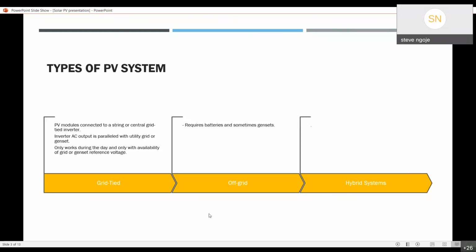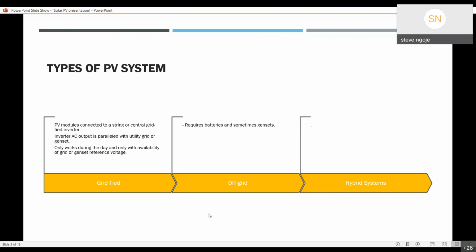The other thing is that it only makes sense to run such a setup when you're going to save on fuel. So you need other equipment, like fuel savers. This will regulate the amount of fuel that the generator uses depending on the load connected to it, and depending on the solar output at each and every given time.